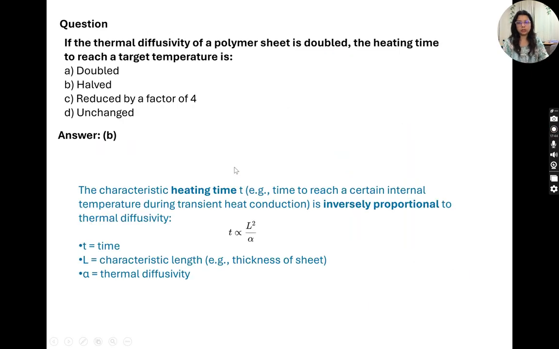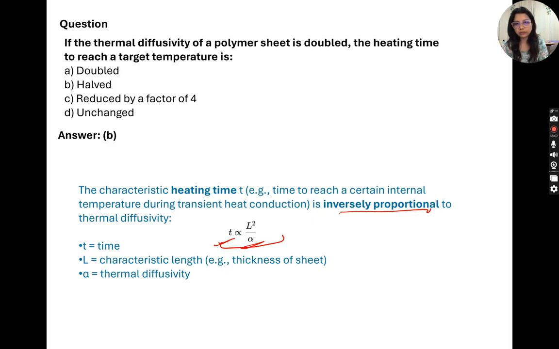Yeah, so here is the proper answer. The heating time, or the time to reach a certain internal temperature during transient heat conduction, is inversely proportional to thermal diffusivity, denoted by this formula: t is proportional to L squared over alpha, so there is an inverse relationship between t and alpha.